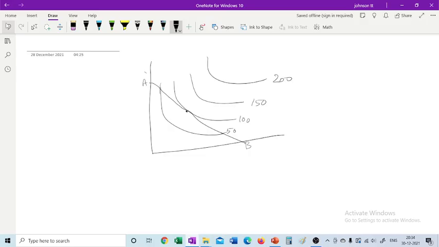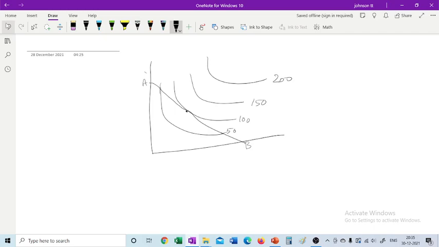Then what is the condition for least cost combination? At the point of least cost combination, the slope of the isoquant and the slope of the iso cost line are the same or equal. So already we have derived the slope of the isoquant and the slope of the iso cost line.